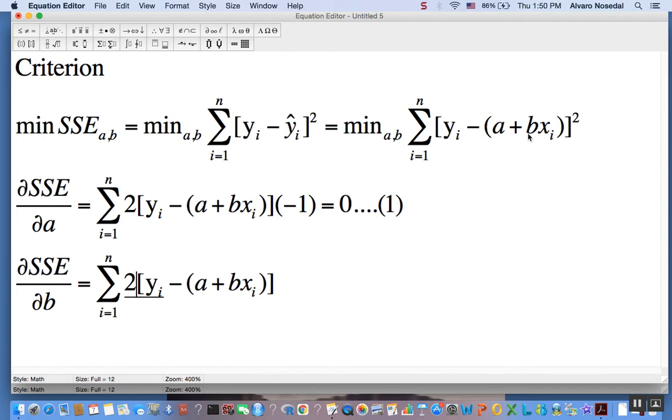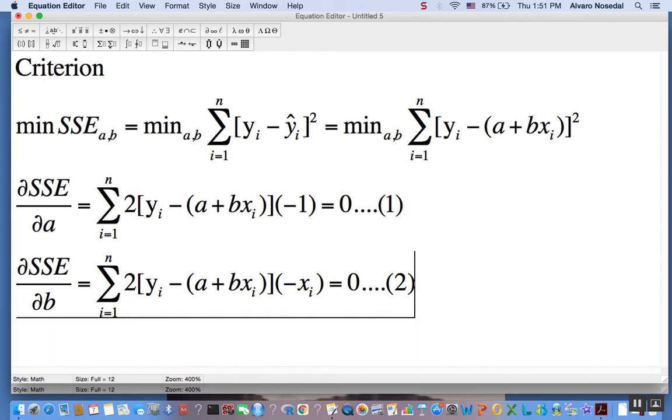That's going to be minus xi. You guys agree? Okay, so minus xi. And that's equal to 0. Okay. So that would be our second equation.